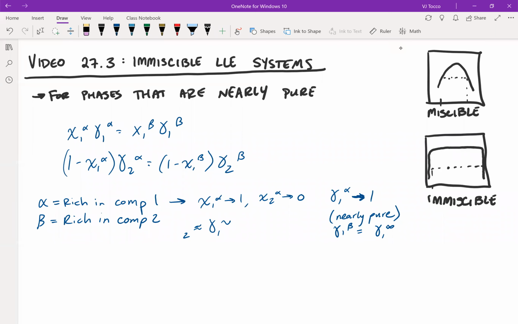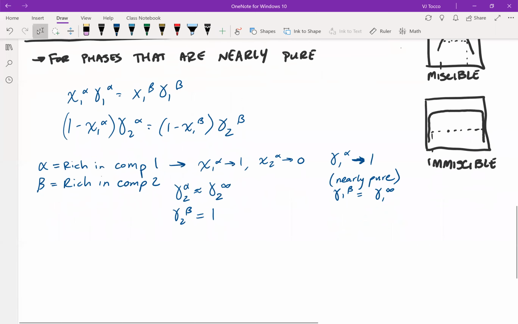Sorry, I misspoke. Gamma 2 alpha is equal to the infinite dilution activity coefficient for component 2. While gamma 2 beta, because beta is rich in component 2, is going to be equal to 1, or nearly 1.